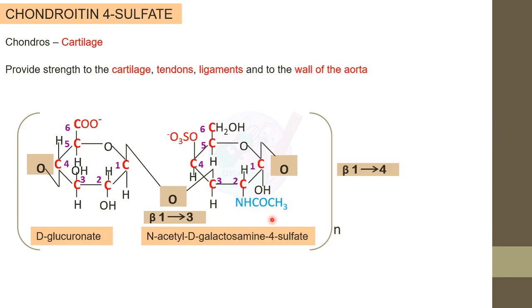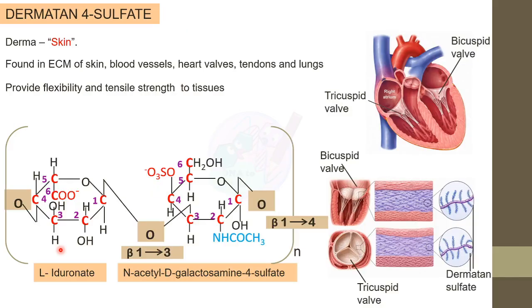When N-acetyl D-galactosamine 4 sulfate bonds with the next sugar, D-glucuronate, it forms a beta 1,4 linkage, because the first anomeric carbon of N-acetyl galactosamine 4 sulfate forms a bond with the fourth carbon of D-glucuronate.